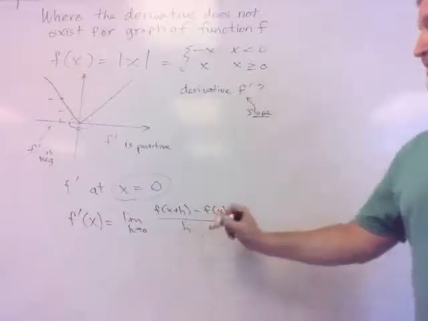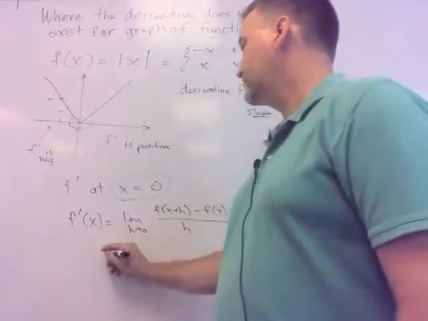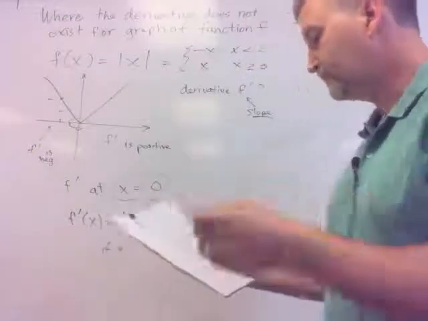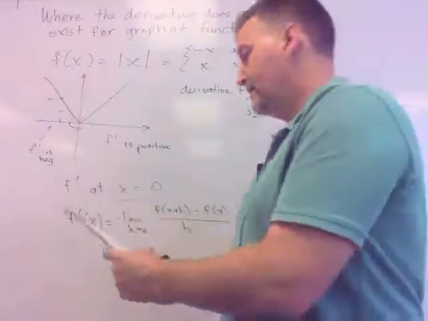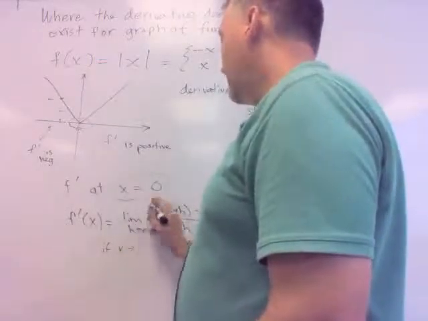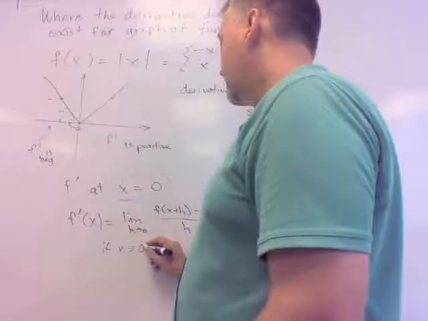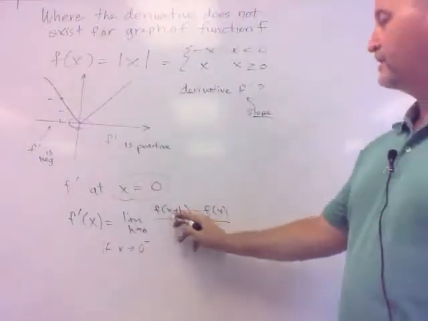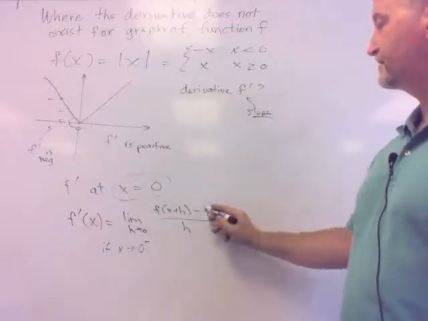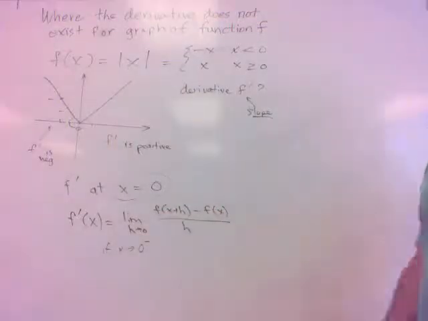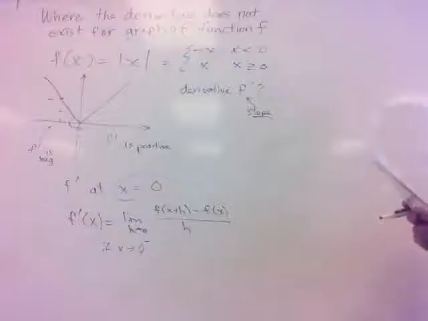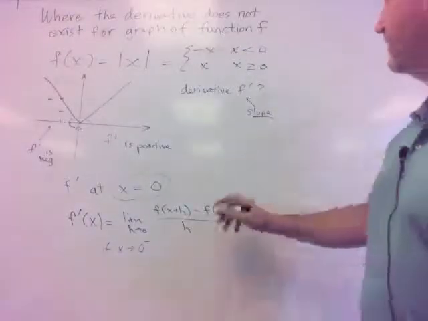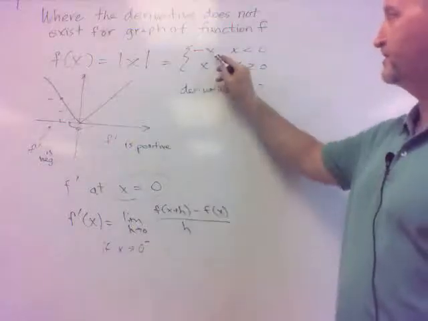Here's how. If I approach x equals 0 from the left, which of those f of x's do I take? There are two possibilities: f of x plus h could be this or this.